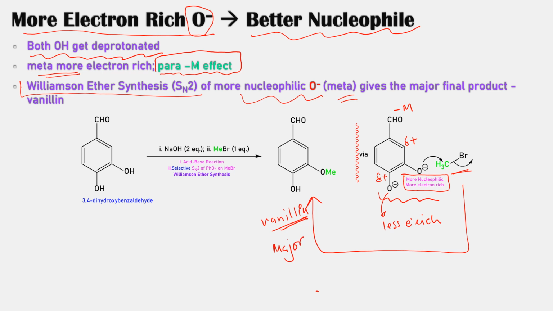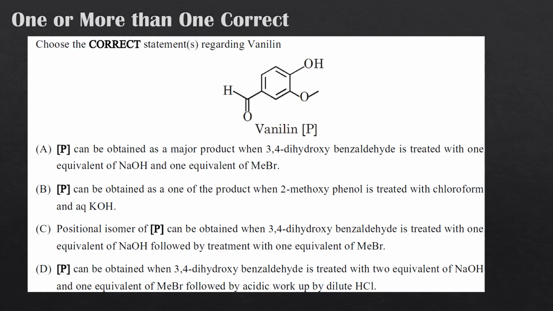Right? Looking back at the options we had, we can now revisit the question and see which was right and which was wrong. The first one was not right, because this did not give us vanillin, it gave us its isomer. So an isomer was formed, that means C was correct and A was not correct. B, we have seen, was obtained as one of the products.